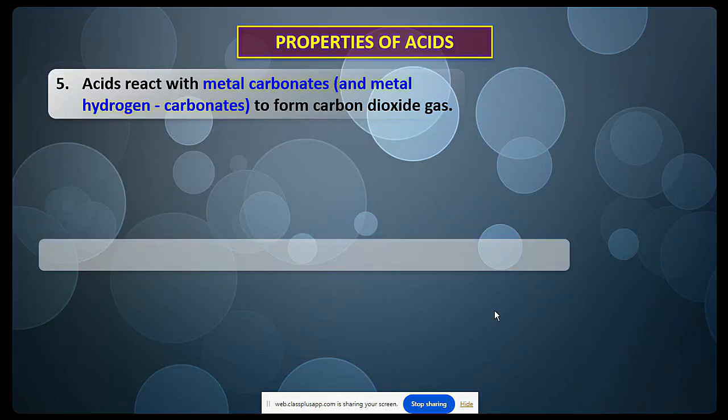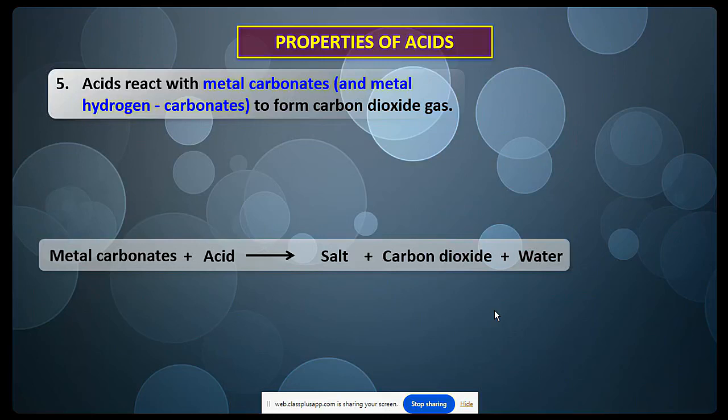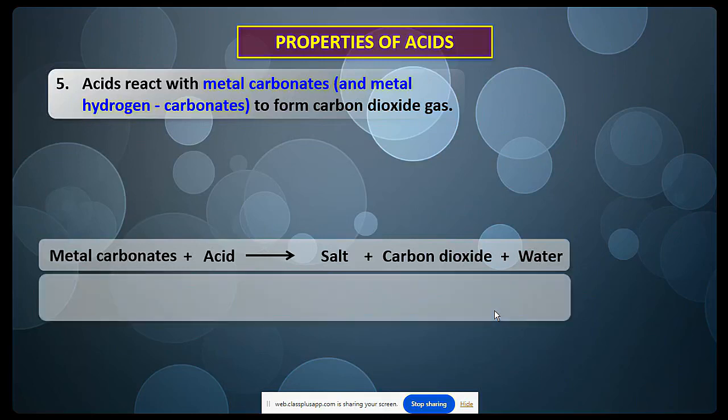You see, acid plus metal carbonates. So metal carbonates plus acid gives rise to salt plus carbon dioxide plus water. Is it right? So not only metal carbonate, instead of metal carbonate, if you get metal hydrogen carbonate as well, metal hydrogen carbonate plus acid, the output, that is the products, are the same.